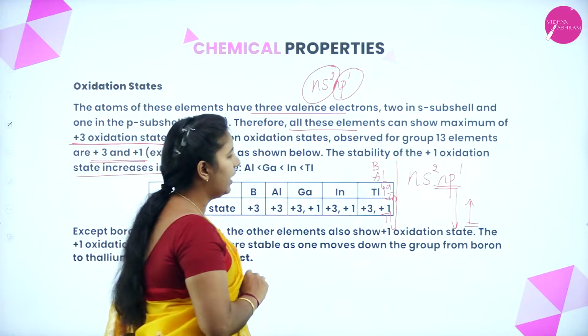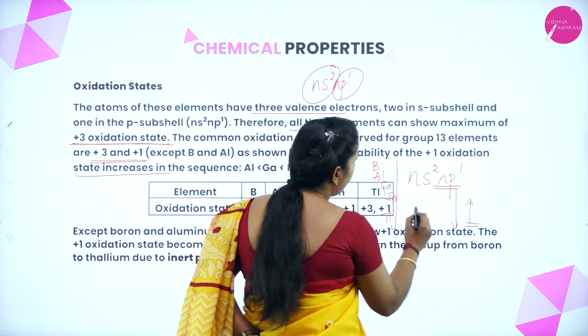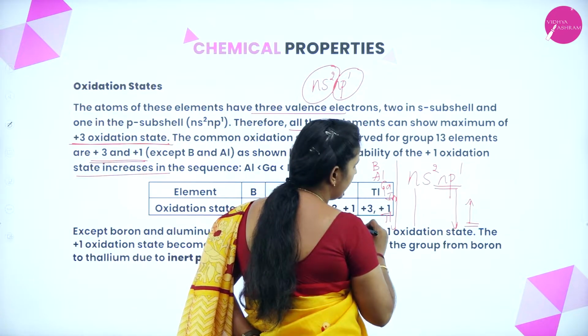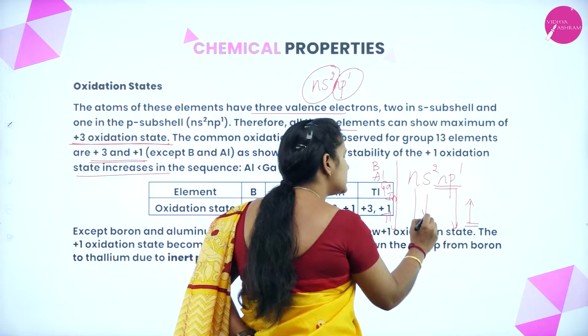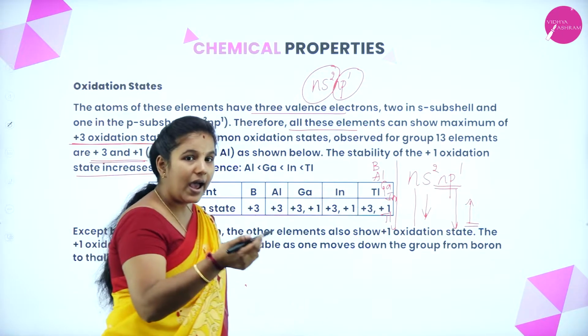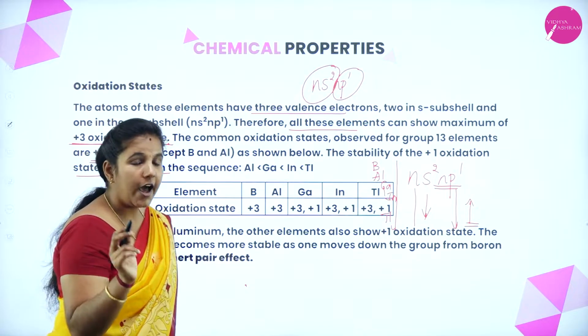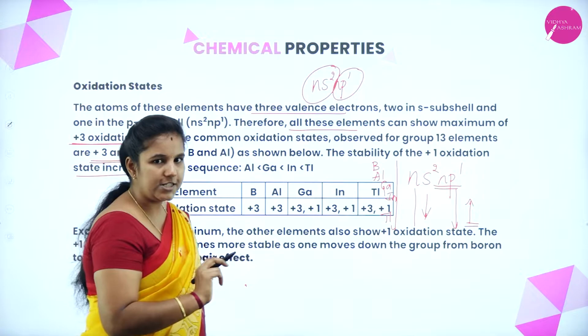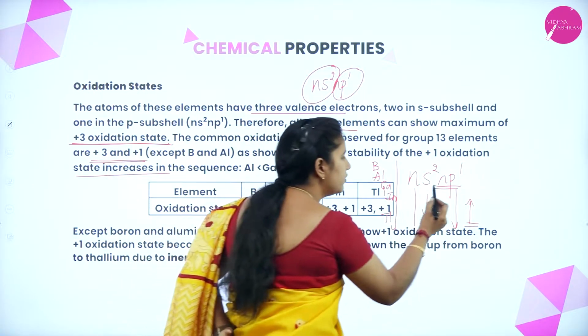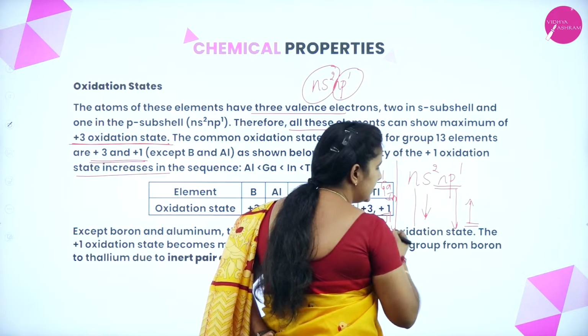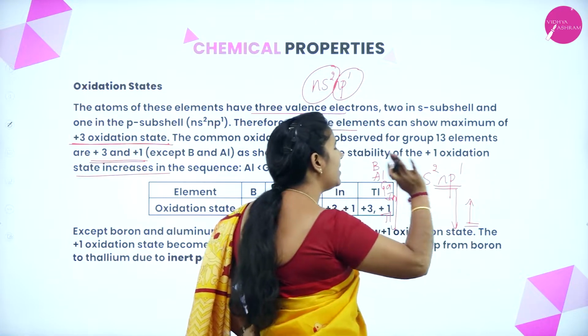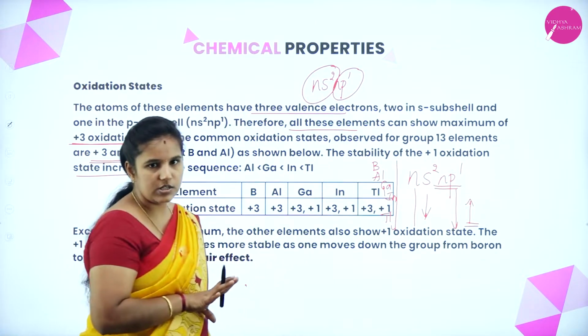And meanwhile, what will happen? The stability of the +3 oxidation state decreases. Why does it decrease? As we move down the group, again the atomic number increases. As the atomic numbers increase, the electrons are added to the p orbitals only. So the p orbital stability increases with the +1 oxidation state.